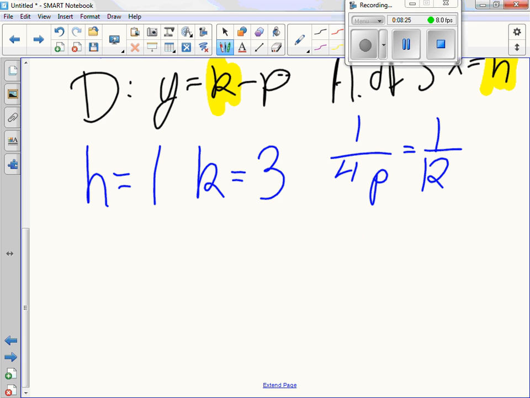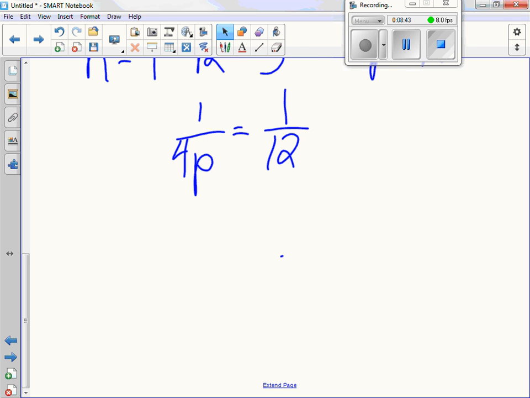I think that's step number 5 or 6, isn't it, the next one? So how do these variables match up? So what do I need to solve for? We need to solve for P, yes? So 1 over 4P is equal to 1/12, because those match up. Those are in common. Those are alike, yes?